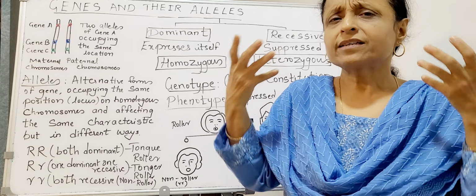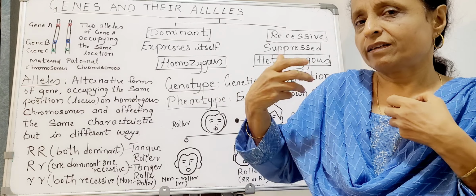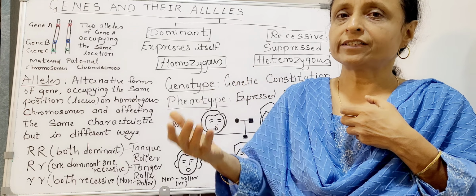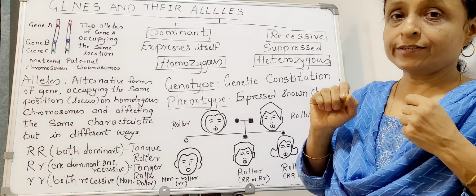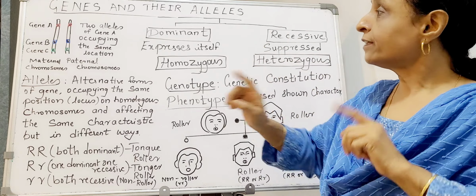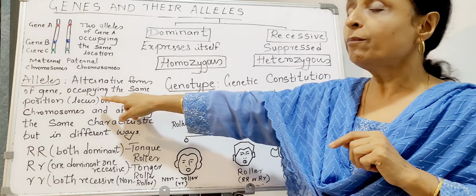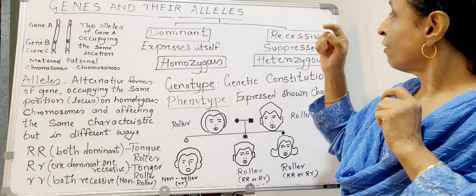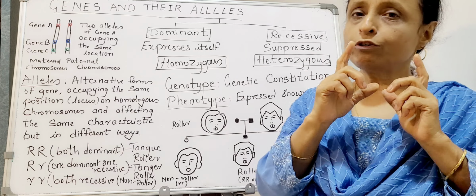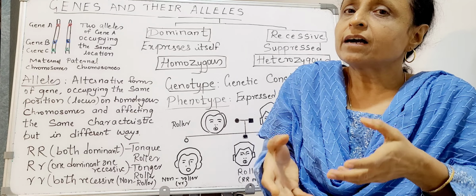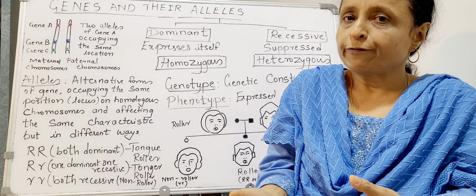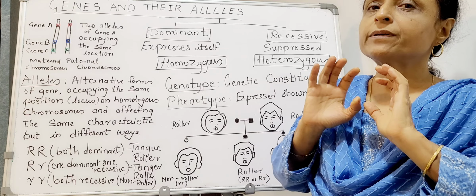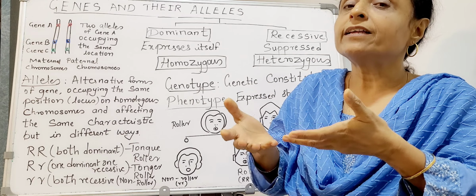There are various characters where one is dominant and the other is recessive, like tallness is dominant and shortness is recessive. So alleles occupying the same locus will be either dominant or recessive. Dominant is the one whose character comes into the progeny, the offspring. The one which does not express is recessive.